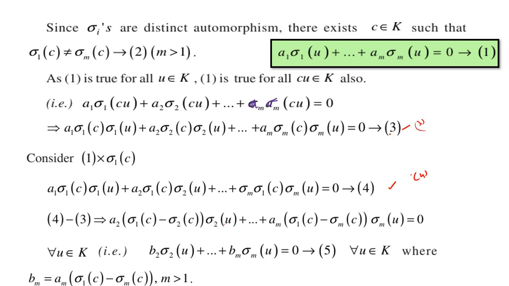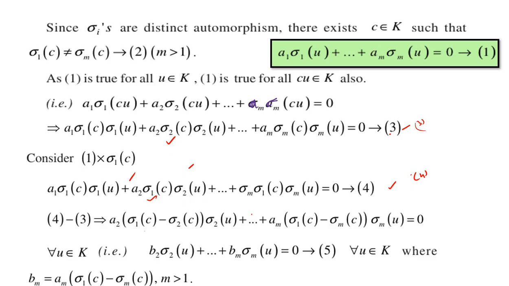So this term will go. That means from the second term onwards we will have a2 sigma 2 of u times sigma 1 of C minus sigma 2 C. What is common in both is a2 and sigma 2 of u, so what remains is only this.